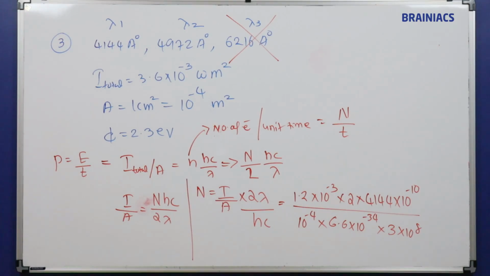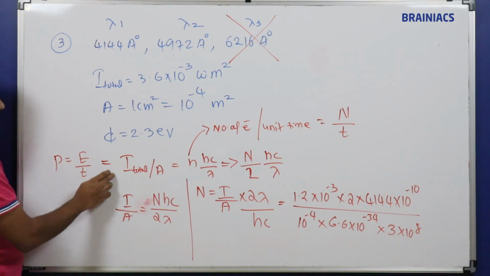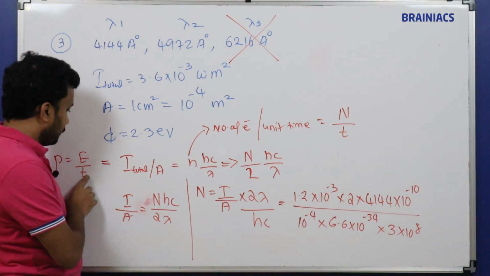Okay, so this is the value with which we are calculating the number of electrons emitted in the 2-second interval. So we are actually starting from the fundamentals. Power equal to energy by time.